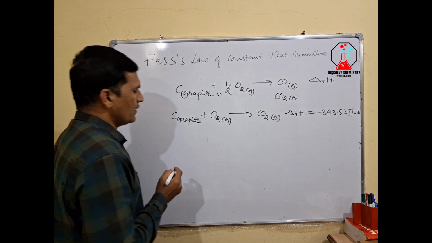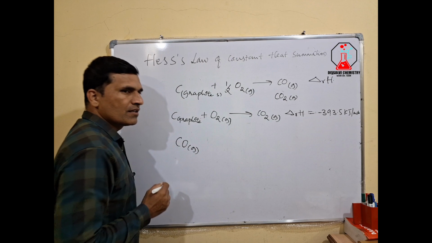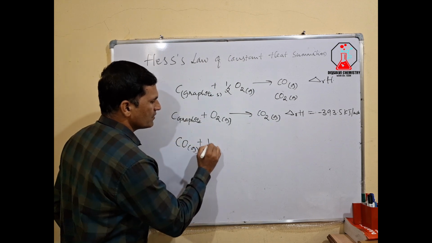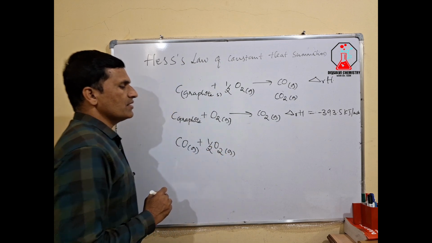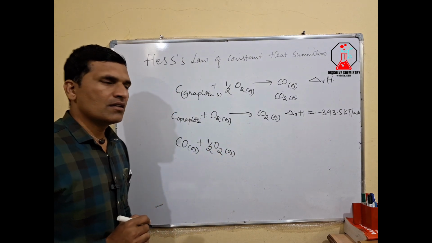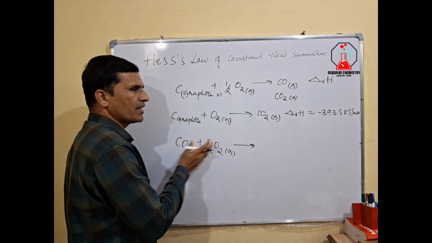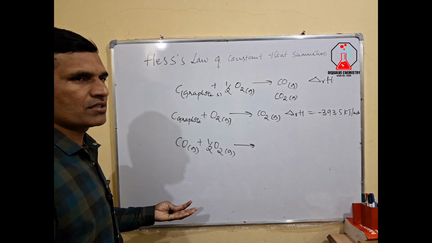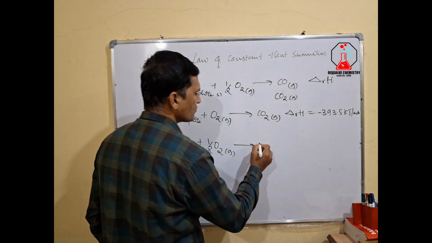Now you take carbon monoxide instead of carbon, and once again we will react this with half mole of oxygen. You could take excess oxygen, but we are supposed to write the balanced equation, so I am writing half O2; if you take sufficient oxygen, the excess will remain as it is.